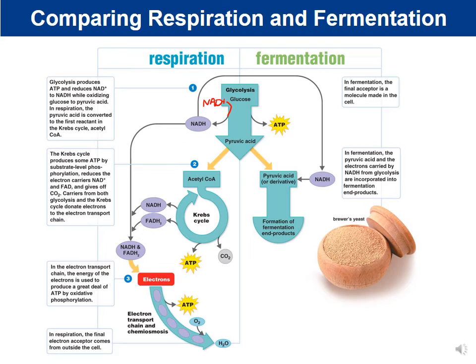Pyruvate serves as this key juncture between whether the cell is going to do respiration or fermentation. If O2 is present, we're going to go through the rest of respiration. If there's no O2, the cell can switch over to fermentation. Now, if we look at this process, right?